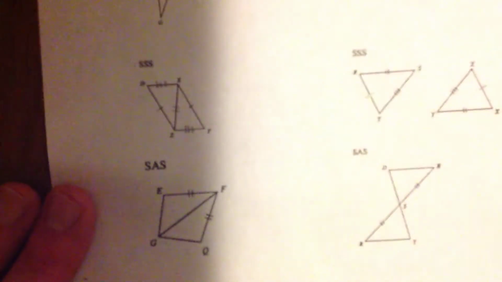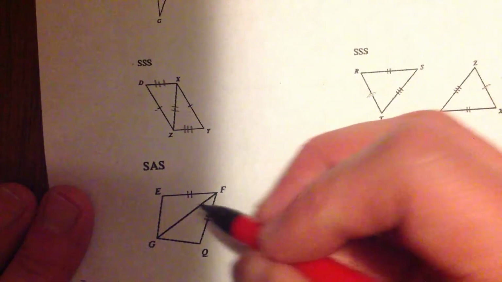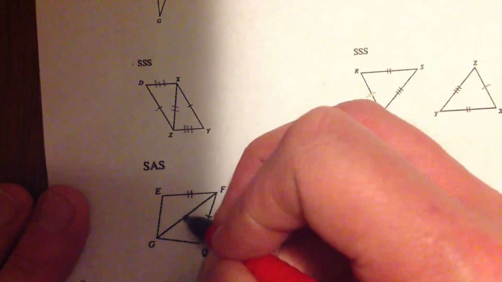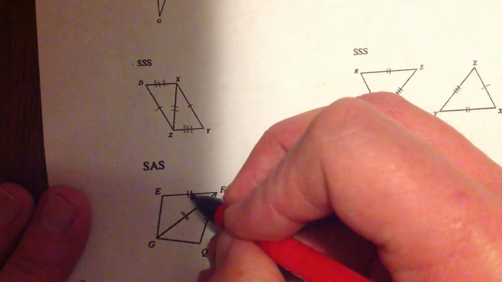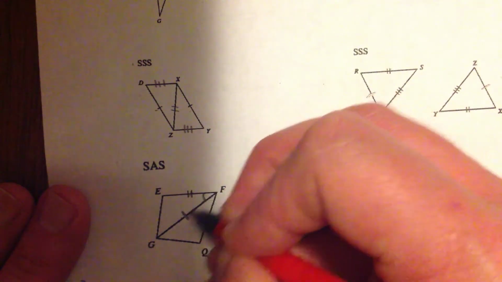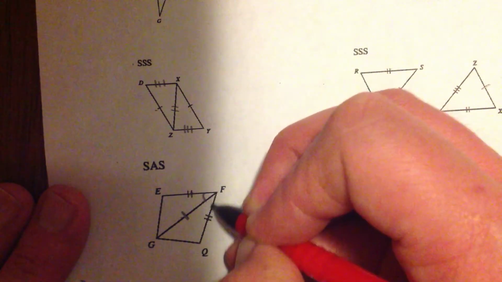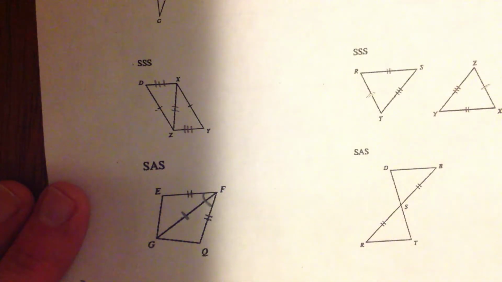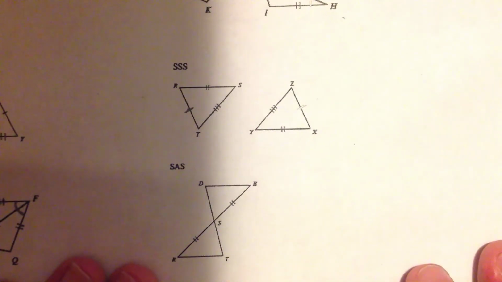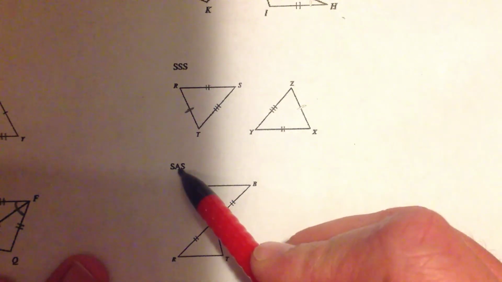If I want side, angle, side here, again I have two touching triangles. They're given marks here, they touch here, and if I want side, angle, side, I need the angle in between. So side, angle, side, and on this triangle on the bottom, side, angle, side, I need this angle right here. And on my last example, I want another side, angle, side.